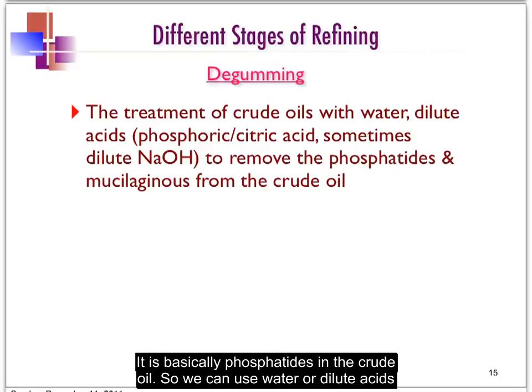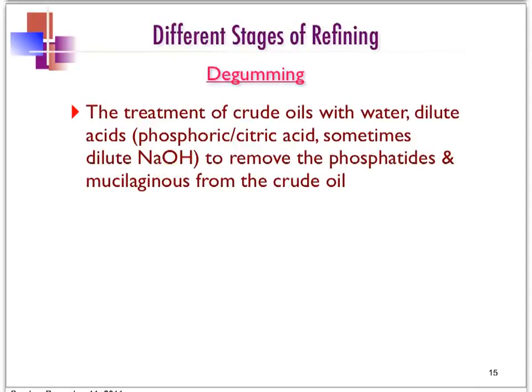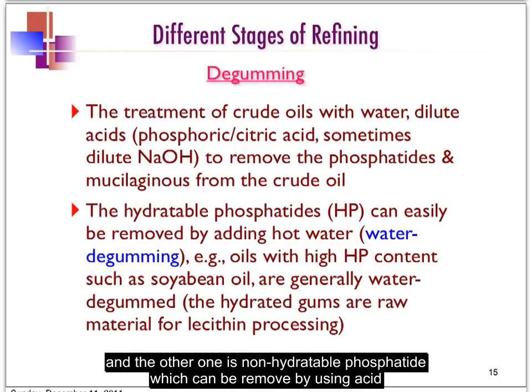So we can use water or dilute acid in the form of phosphoric or citric acid, or sometimes dilute sodium hydroxide. There are actually two types of phosphatides. One is called hydratable phosphatides, which can be hydrated by using hot water, and the other is non-hydratable phosphatides, which can only be removed by using acid.